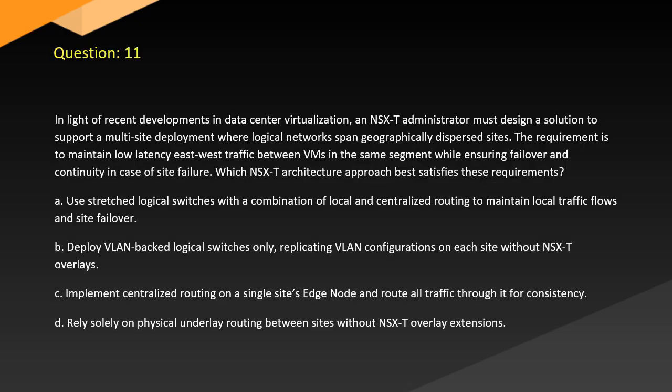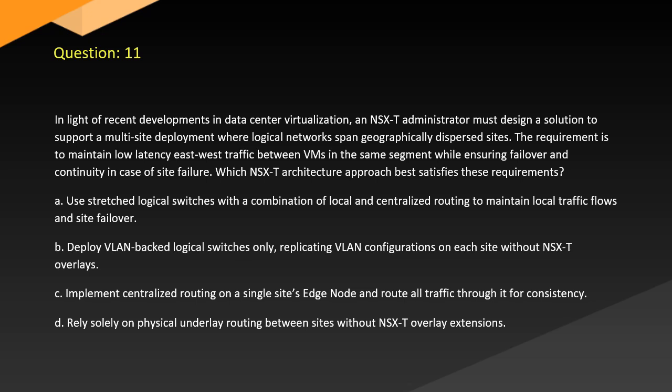Question 11. In light of recent developments in data center virtualization, an NSX-T administrator must design a solution to support a multi-site deployment where logical networks span geographically dispersed sites. The requirement is to maintain low latency east-west traffic between VMs in the same segment while ensuring failover and continuity in case of site failure. Which NSX-T architecture approach best satisfies these requirements?